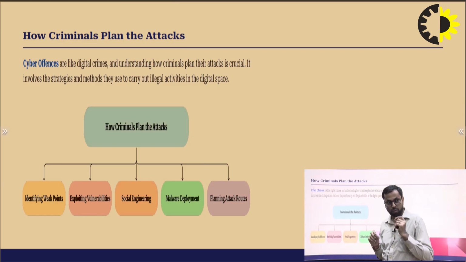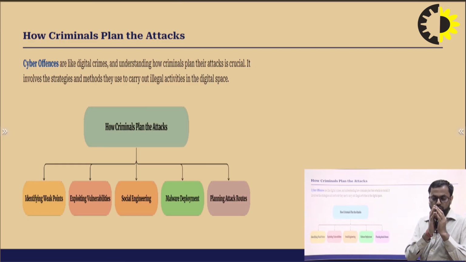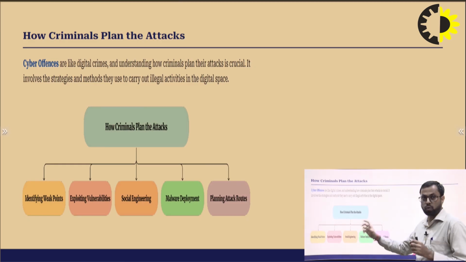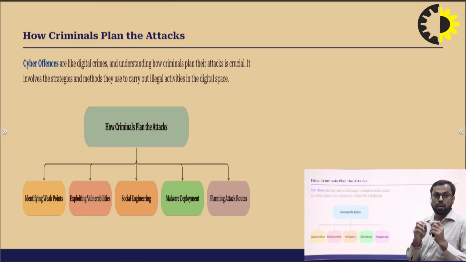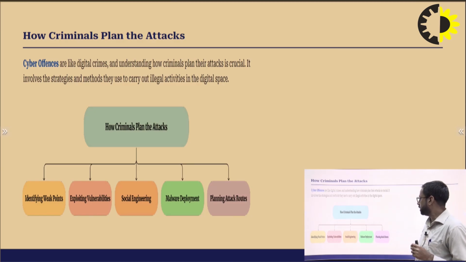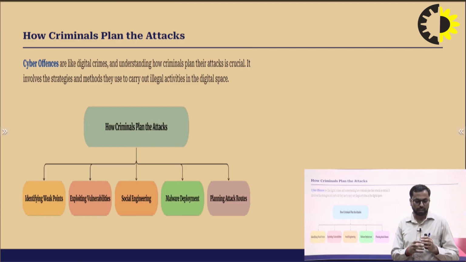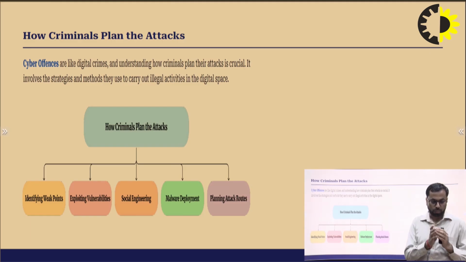He finds a loophole because, when we are globally connected, we share personal information on social sites. Malware deployment is software that is malicious in nature.